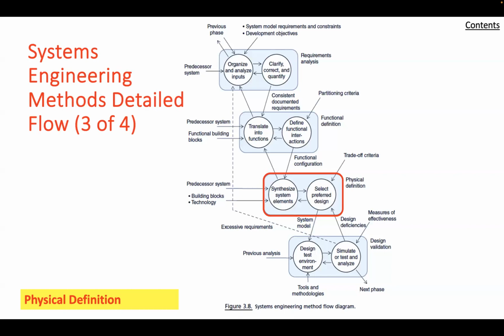Okay, then finally, dealing with interface definition. Implicit to the physical definition step is the definition and control of interfaces, both internal and external. Each element added or elaborated in the design process must be properly connected to its neighboring elements and to any external inputs or outputs.